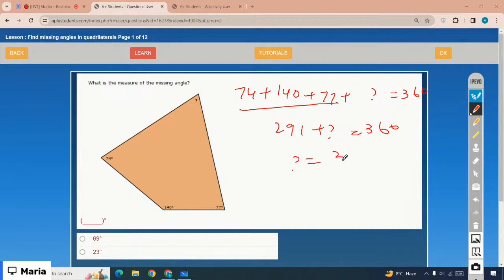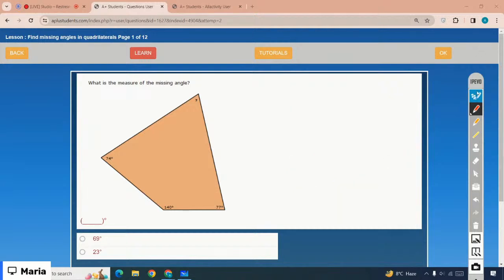That is 360 minus 291, so that is 69. The correct option is 69 degrees. Got it? The missing angle equals 69 degrees. Option number 1 is the correct option.